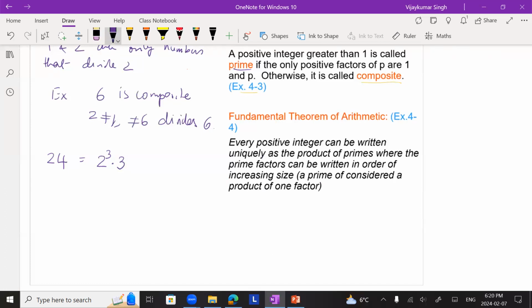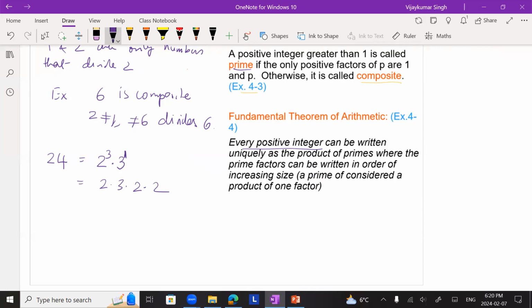So it says that 24, or any number, actually every positive integer, can be uniquely written as a product of primes, where the primes are written in increasing order. What do I mean by that? 24 is also the same as 2 times 3 times 2 times 2, isn't it? I can write it in whatever order I want.